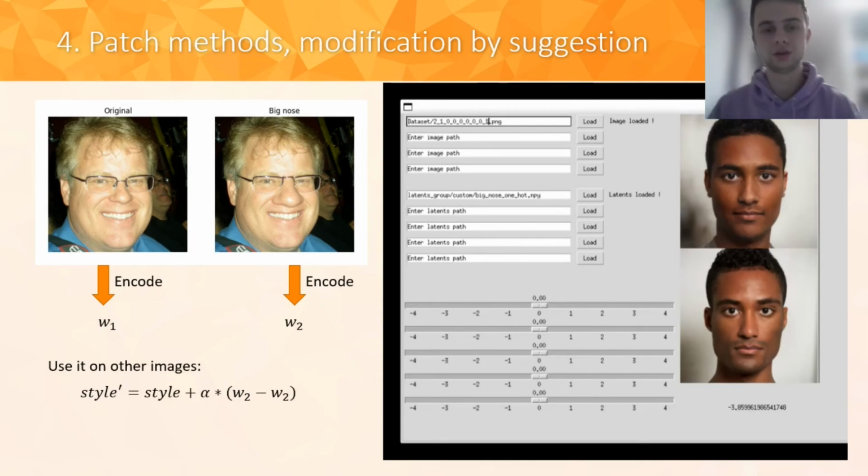So we could use this method to find almost perfect vectors in StyleGAN2's latent space. Basically, we encoded this image on the left, this image on the right, took the difference, and if we add this difference to another image, we see that we have close to perfect modifications.